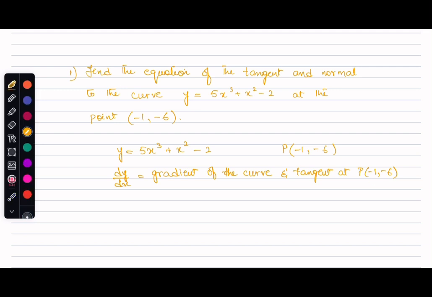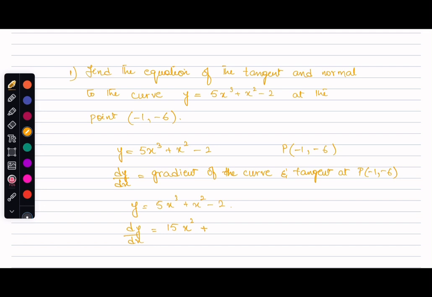So let's find the gradient. If y = 5x³ + x² - 2, then the gradient dy/dx shall be equal to 5 times 3 giving me 15, x power reduced by 1 shall give me 2.